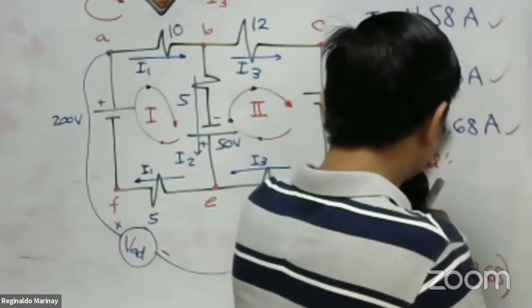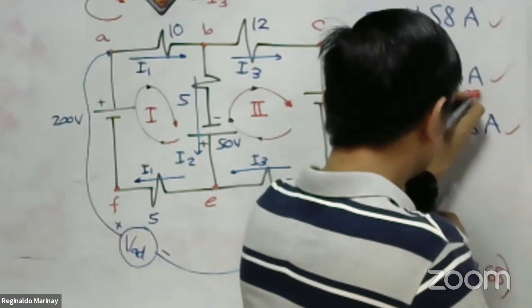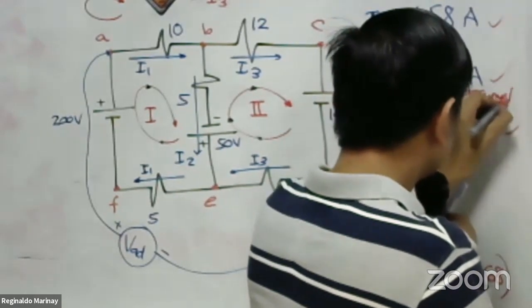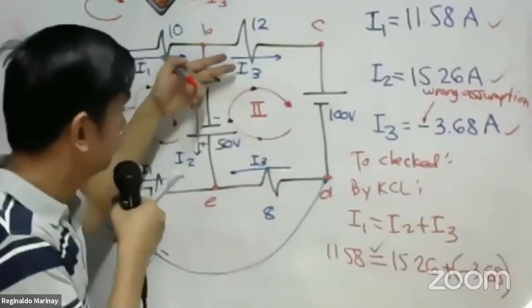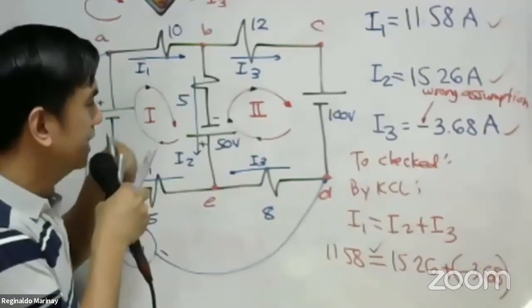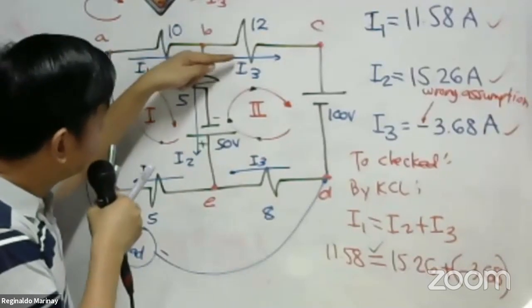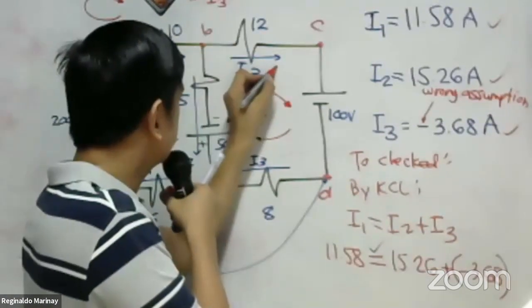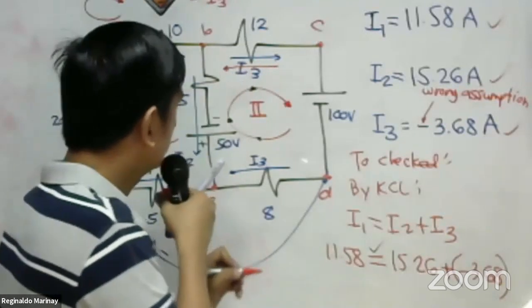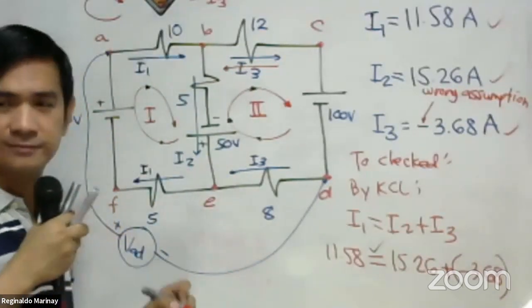There is a wrong assumption. So, the assumed direction is wrong. Instead of going to the right, the actual direction of the current is going to the left.